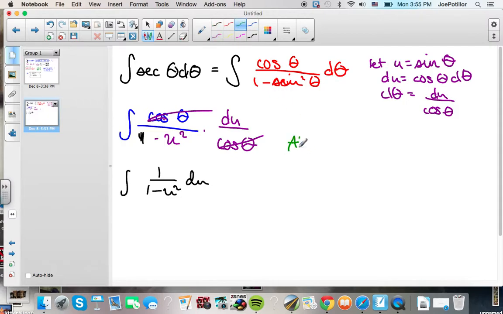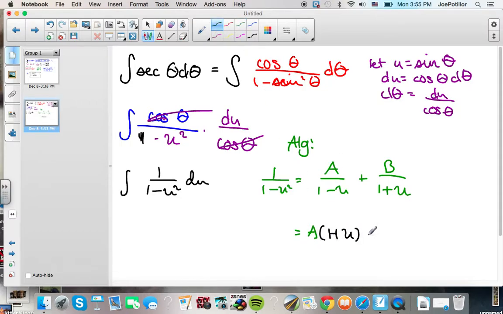So again, doing our algebra to the side, 1 over 1 minus u squared is A over 1 minus u plus B over 1 plus u. Multiplying by the least common denominator, which is 1 minus u squared, we end up with A times 1 plus u plus, of course, B times 1 minus u, is all equal to 1.